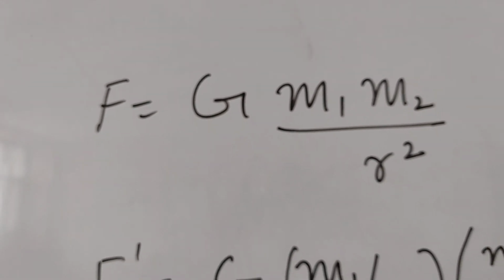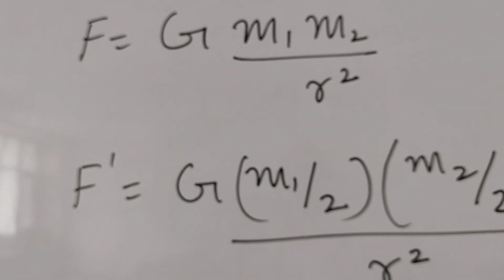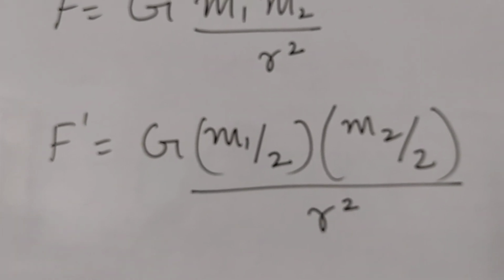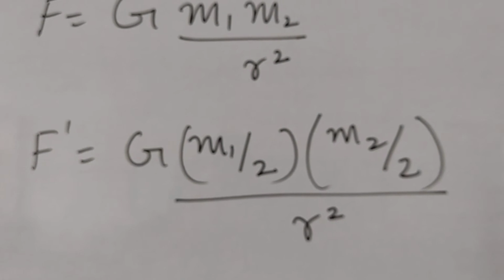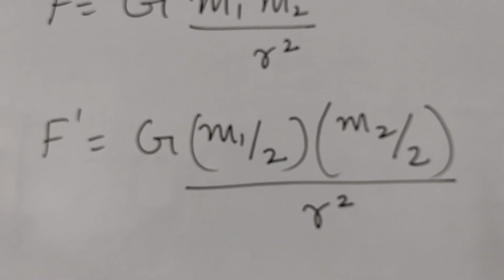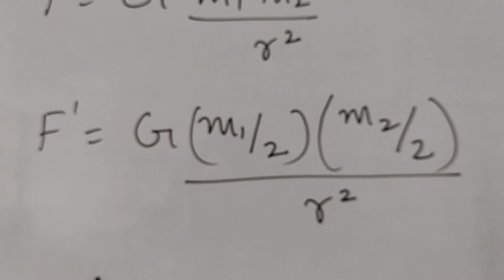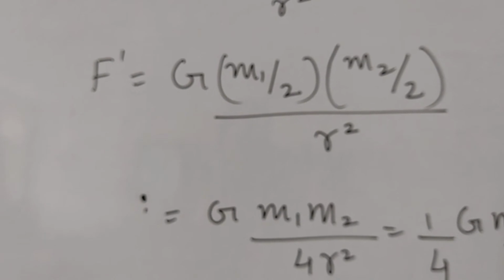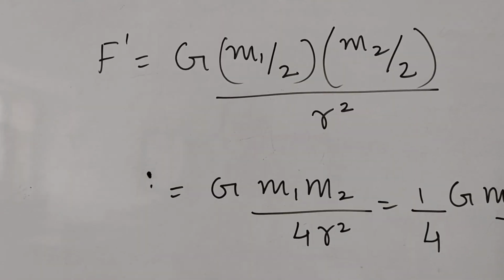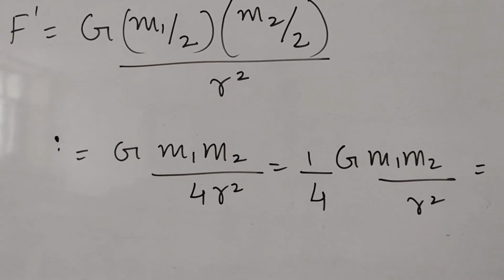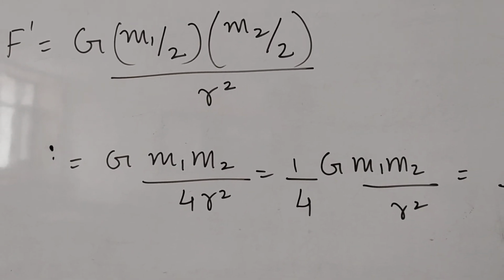Let us assume the new force will be F dash when the masses are halved. Writing m1 by 2 instead of m1 and m2 by 2 instead of m2 and keeping R the same, we get F dash. After simplification, F dash is equal to G m1 m2 over 4R square, which is 1 by 4 G m1 m2 over R square.